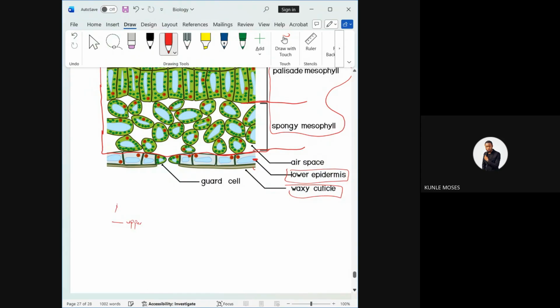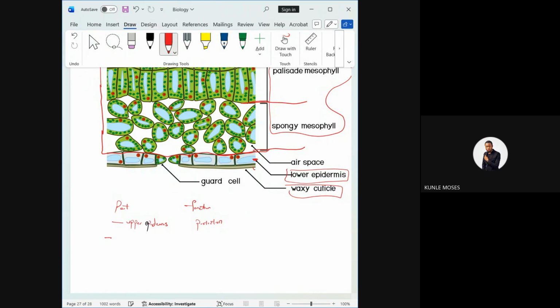Let me just call it part and function. Upper epidermis, helps in protection. I believe we are getting it little by little. What else?